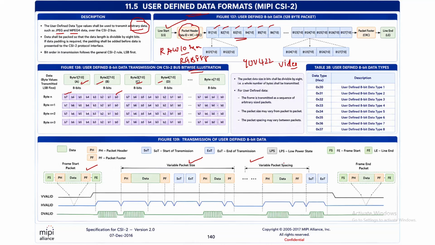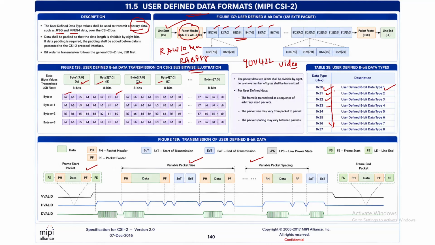Here we have explained some example cases, like JPG or MPG formats we are transmitting, using different data types, 8 bits each, in each user defined data type.